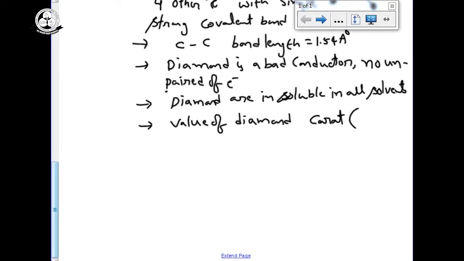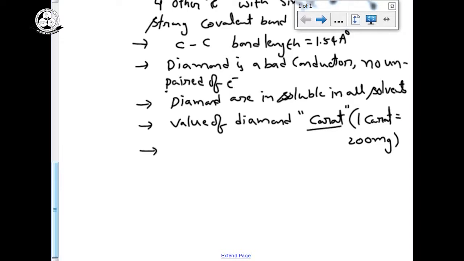So what does carat mean? 1 carat is 200 milligrams. The mass of the diamond can be expressed in the form of carat.